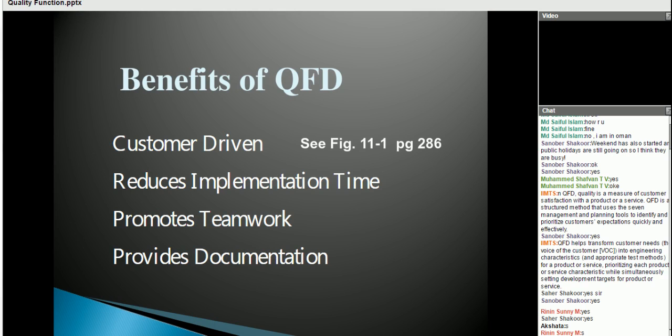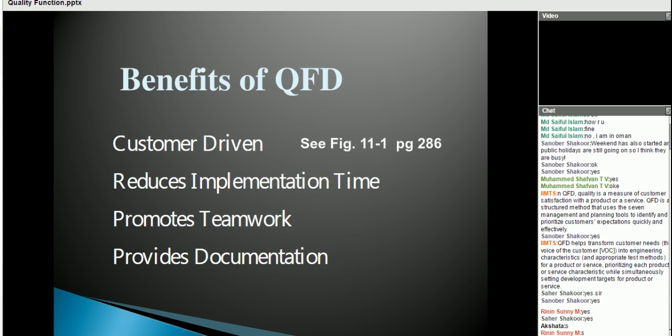Now, what are the benefits of QFD? Number one, customer driven, because the customer has a say in the processing of that product. Number two, reduces implementation time, right? As I was telling you earlier, a lot of time can be saved in making the product.